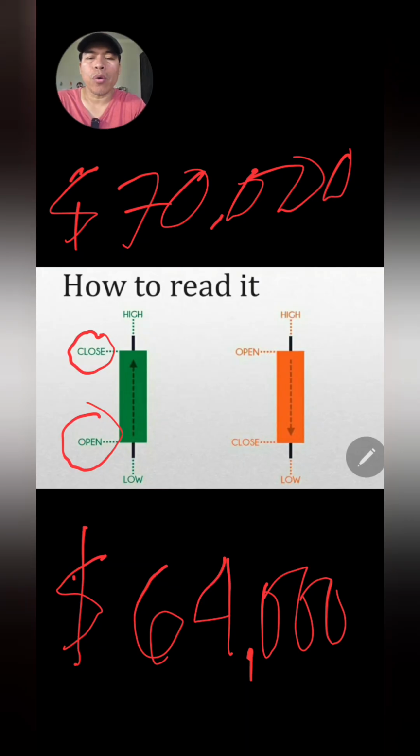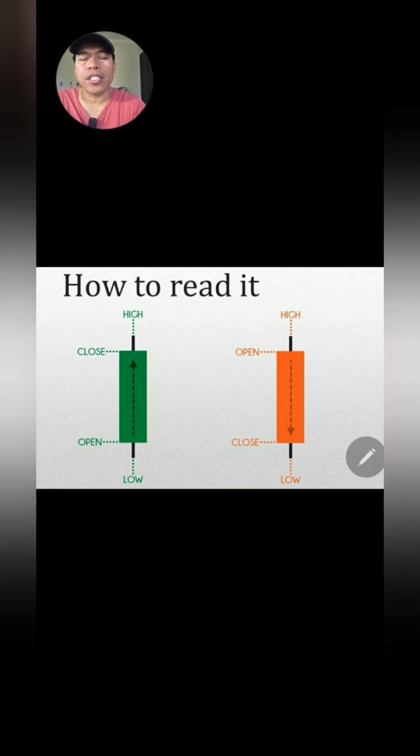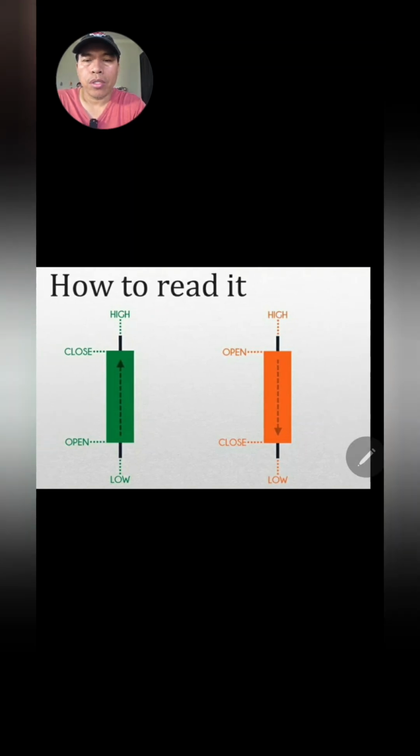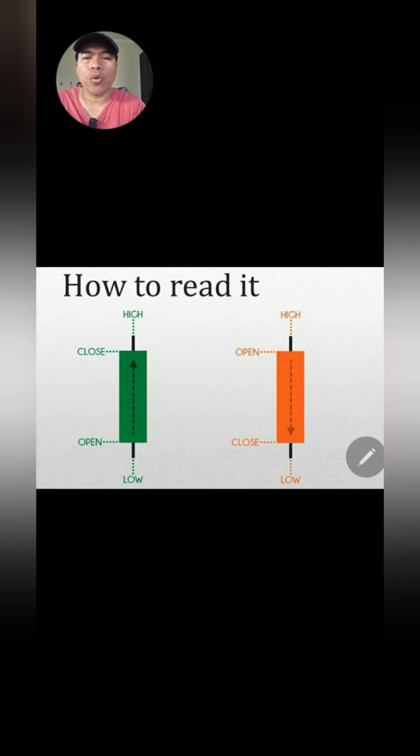Now what is the low and what is the high? Okay, let's talk about the low and let's talk about the high. These are the meanings. For example, the low is the price that the seller said, okay, I want this price.